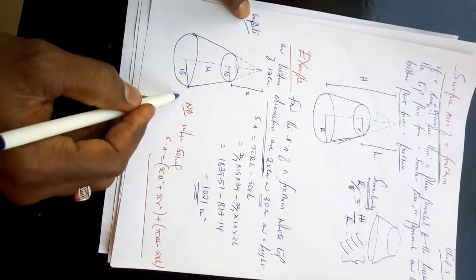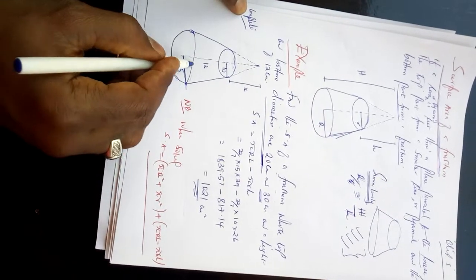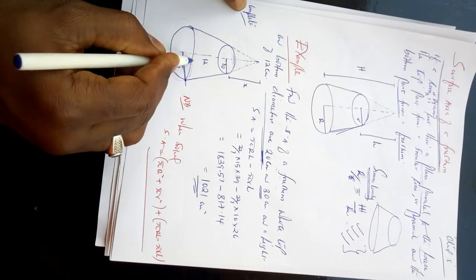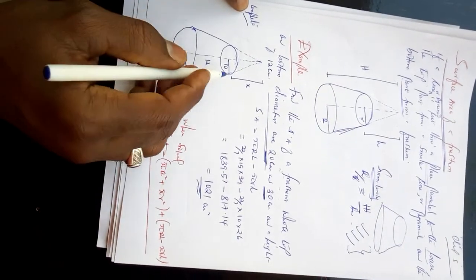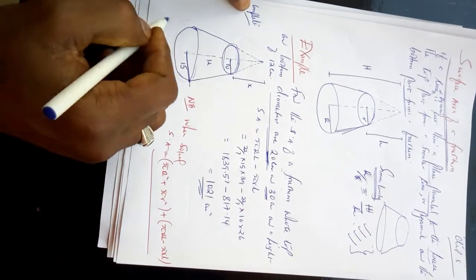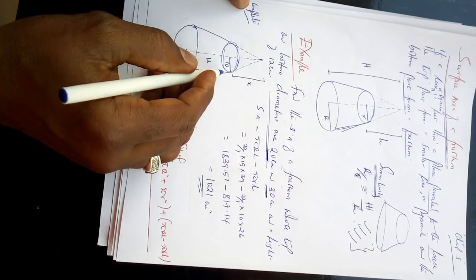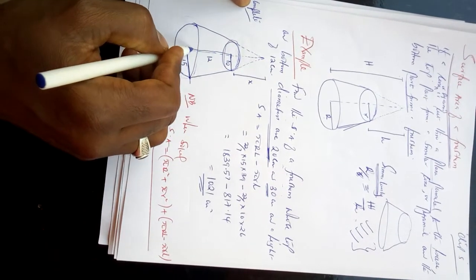The bottom diameter is 30, so I'll take the radius to be 15. The top diameter of the frustum is 20, so I'll take the radius to be 10. The height of the frustum is 12.